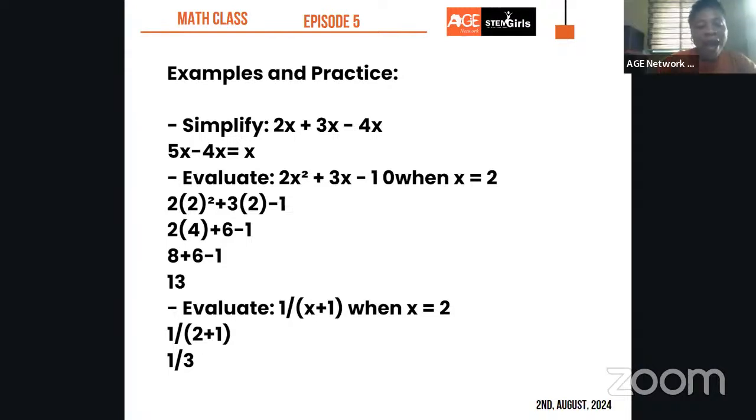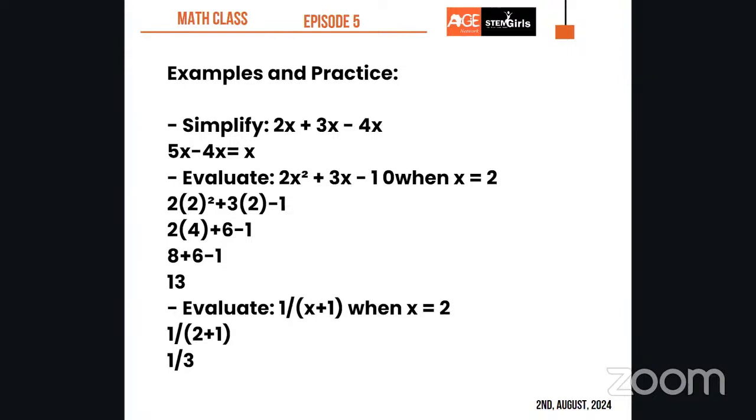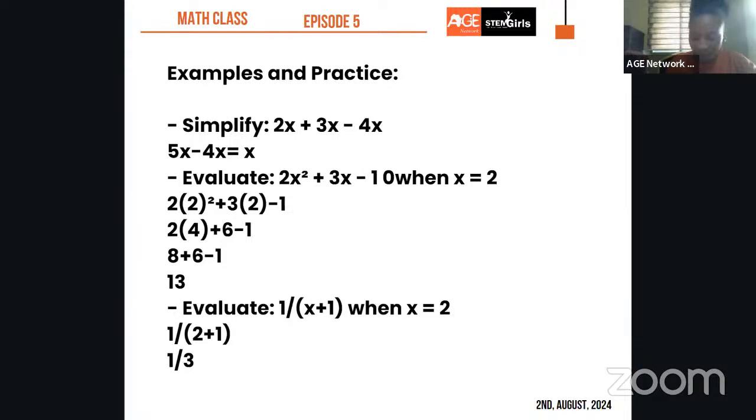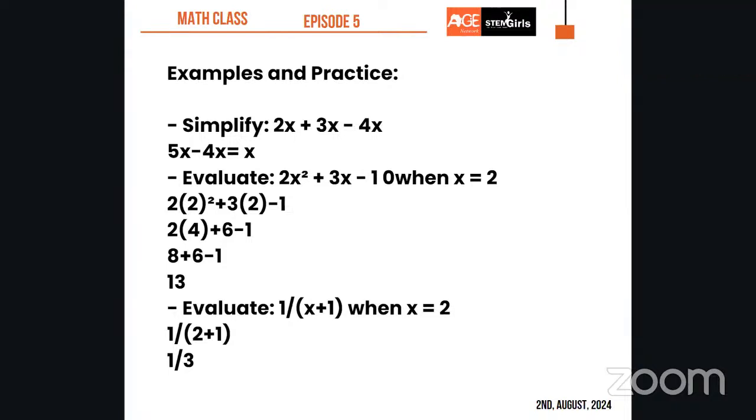Okay, so why are we not doing away with the bracket? I think we have 2 bracket 4 plus 6 minus 1. Why are we not doing away with the bracket here? That is because I want it to be a step by step guide. Actually, I could have jumped that step of 2 into brackets 4 plus 6 minus 1.